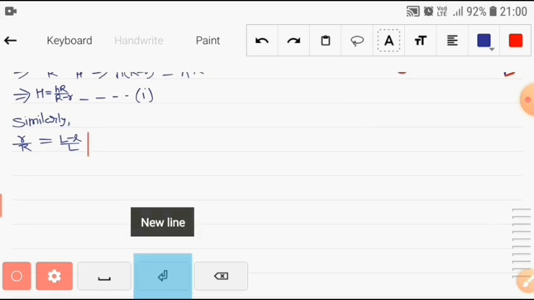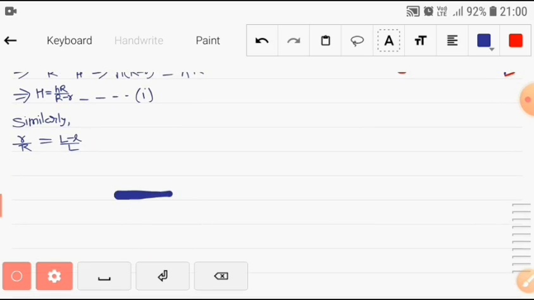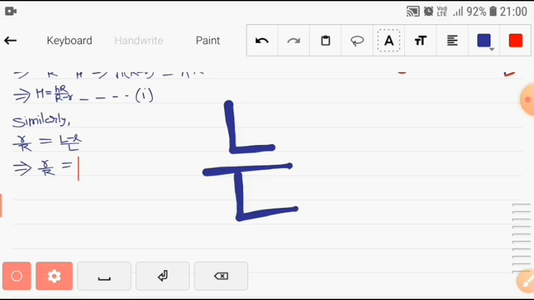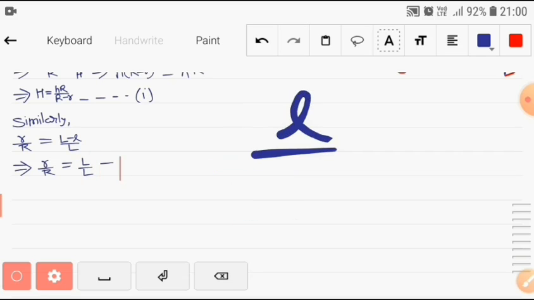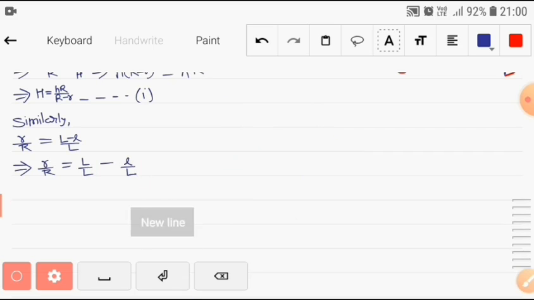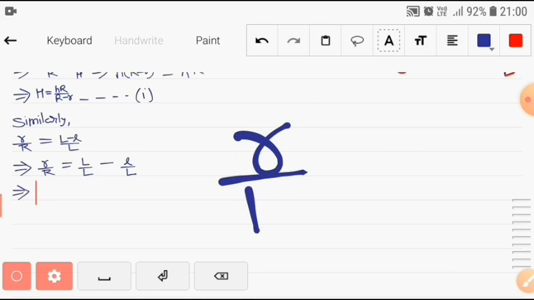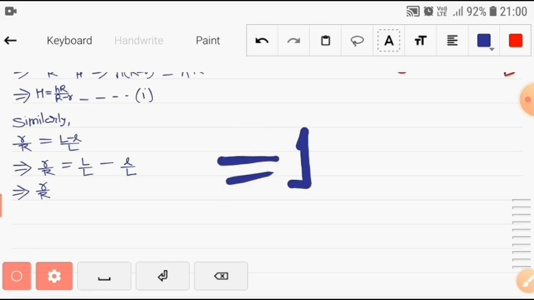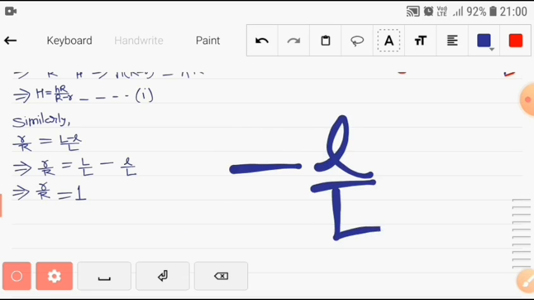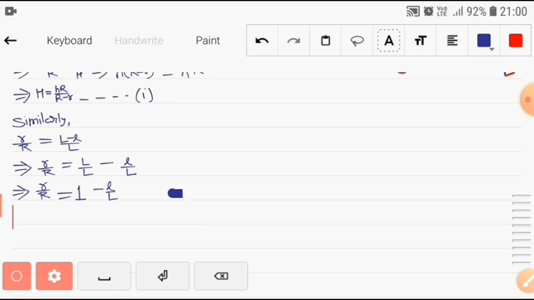Now continue with the same process. r by capital R is equal to, L divided by L minus small l divided by capital L. This means r by R is equal to, L divided by L is 1, minus small l by capital L. Next line, r by R plus l by capital L is equal to 1.